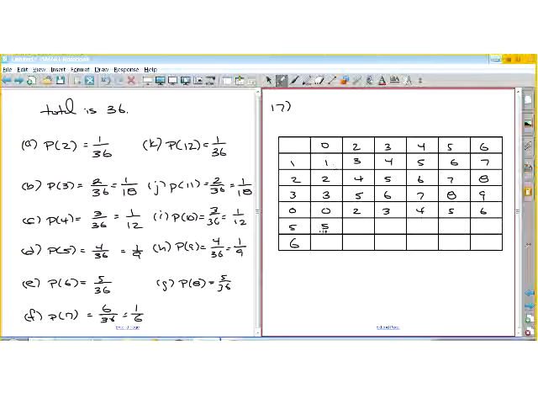And then we have 0 plus 5 is 5. 0 plus 6 is 6. And then these are filled out as we had in the previous example. Okay, so there's our sample space.